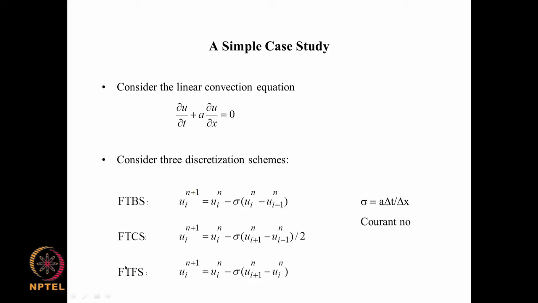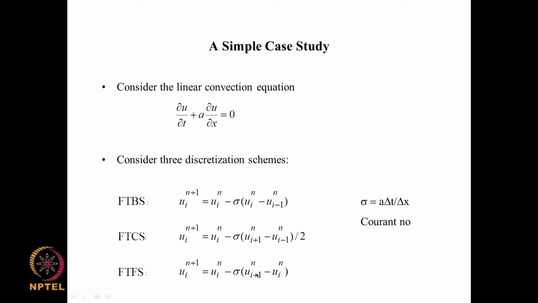We can consider many possibilities, but let us consider another one in which, instead of using backward differencing, we use forward differencing even for space. So this will be given as ui plus 1 minus ui divided by delta x. That will give us ui n plus 1 equal to ui n minus sigma times ui plus 1 minus ui n.